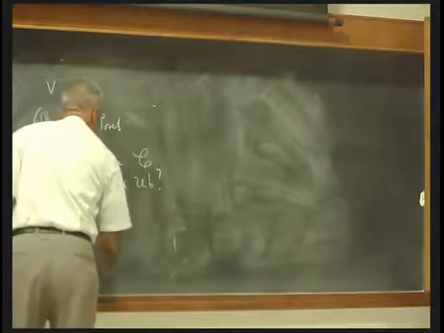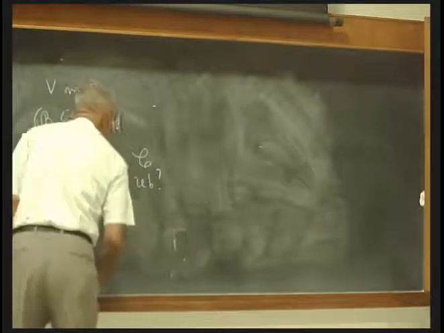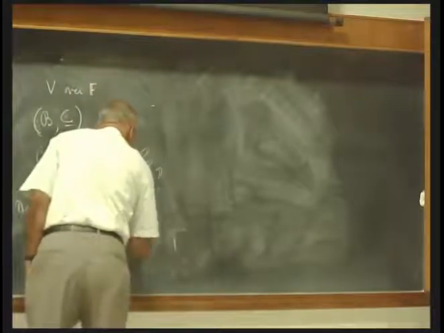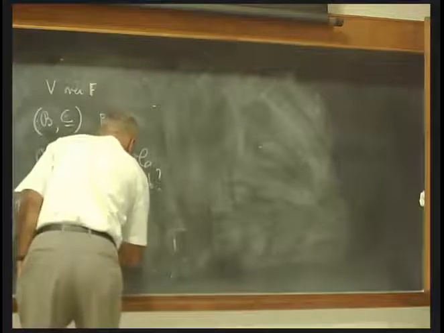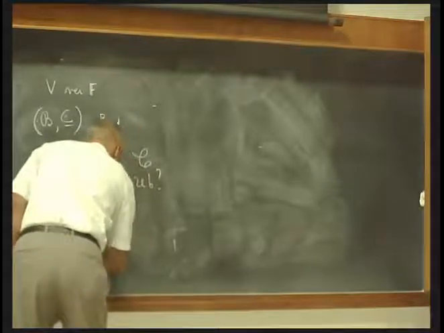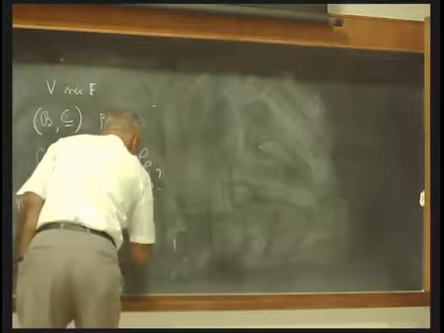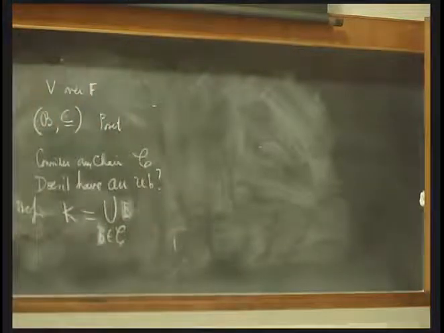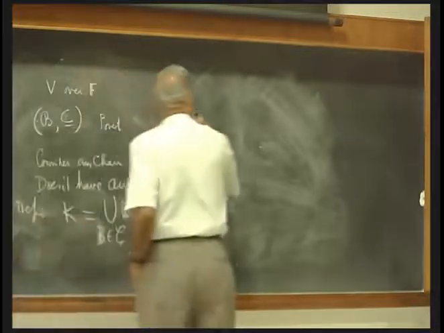Okay. Then define K to be equal to the union of all the B belonging to C. Every linearly independent set which is an element in C, take the union. Now claim K is linearly independent.